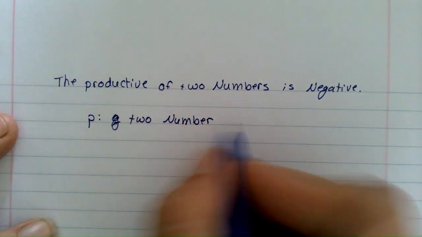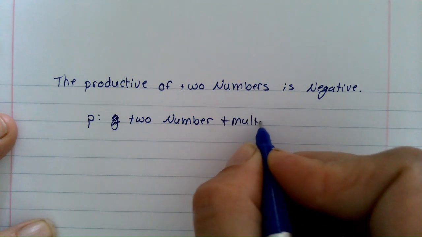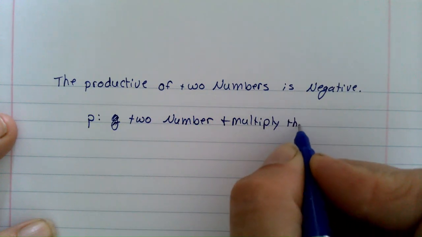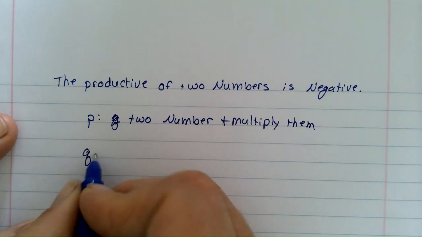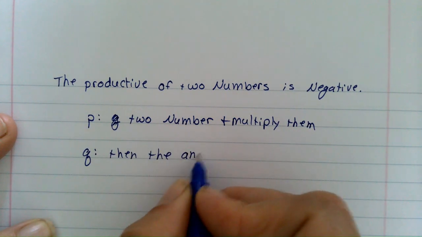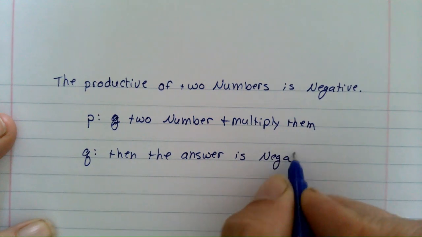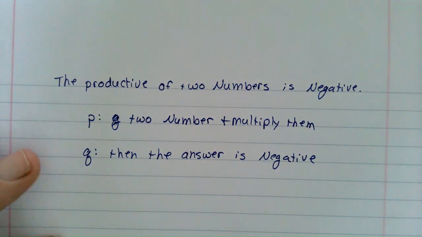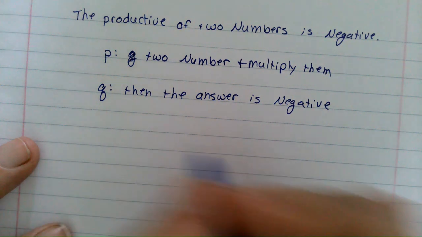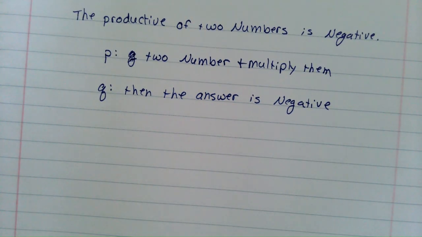And Q is if you multiply them, then the answer is negative. If you multiply two numbers, then the answer is negative.